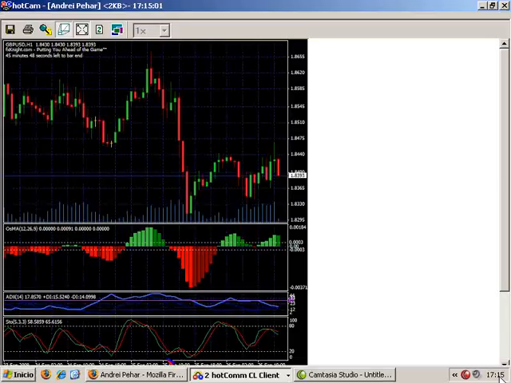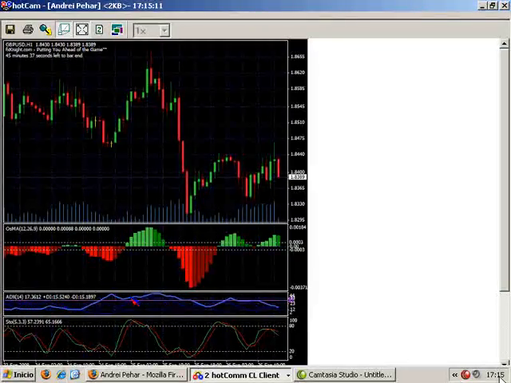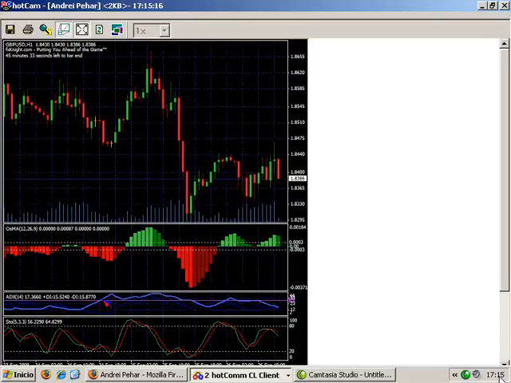Next thing we need is a way to tell when to use which one. And for that, I use the ADX. That's this blue indicator in the middle. That's my tiebreaker. And I use a value of 30. I just plotted a horizontal line at the value of 30 here.